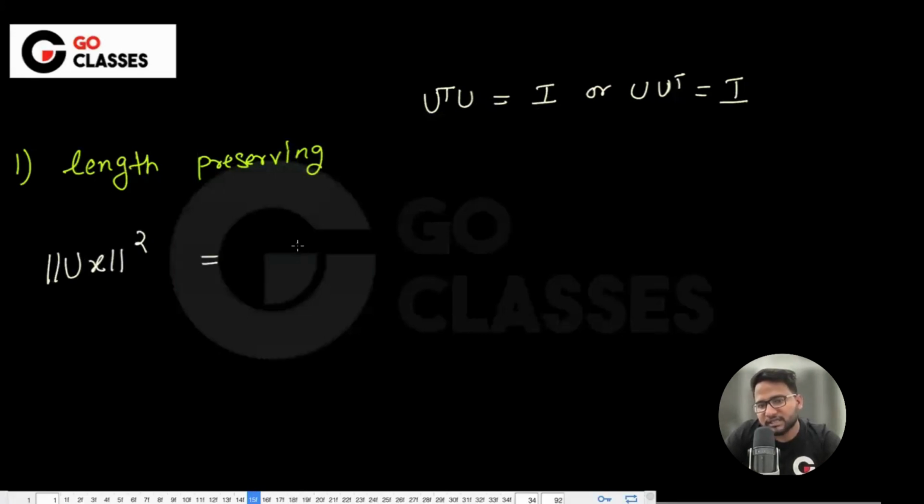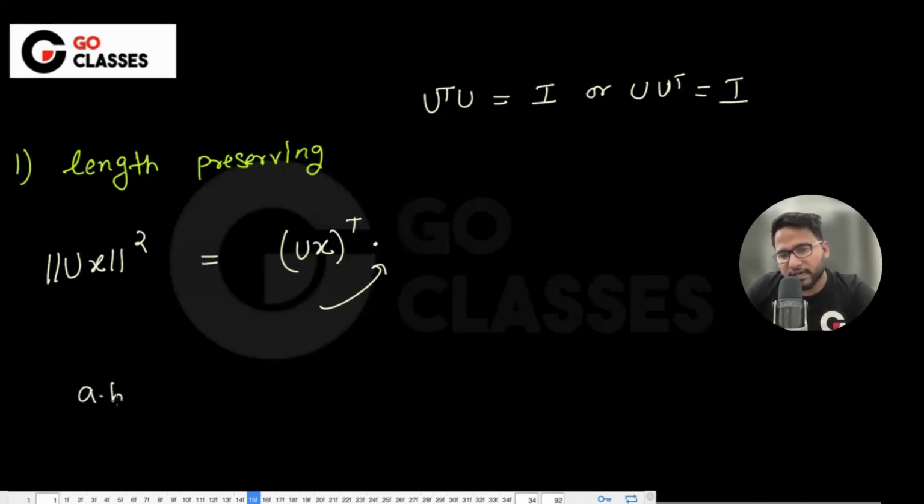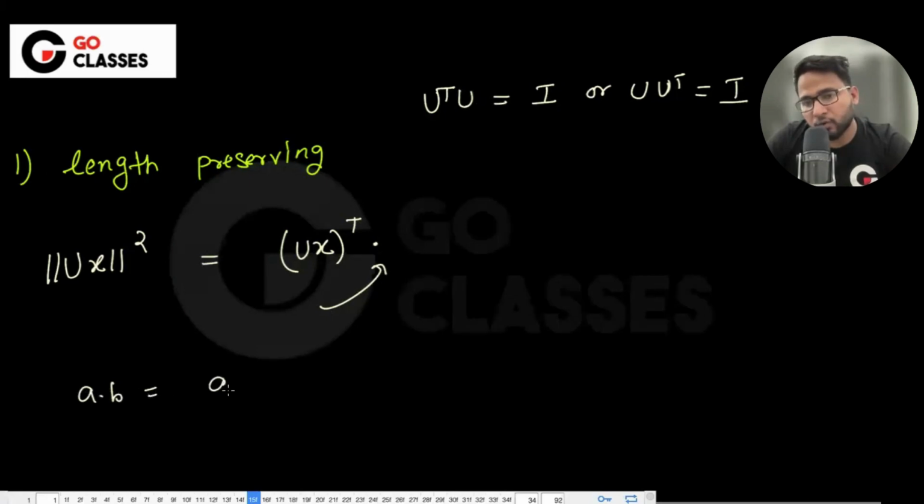That is nothing but the length of this vector, basically this vector dot product with its own vector, right? This dot is basically the dot product. You can consider this as a matrix product. The formula you might know for the dot product, though it is not needed here, is A dot B equal to length of A into length of B into cos theta.